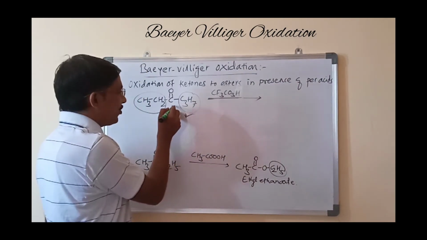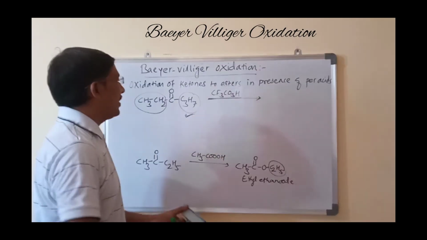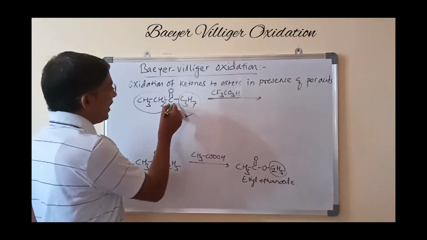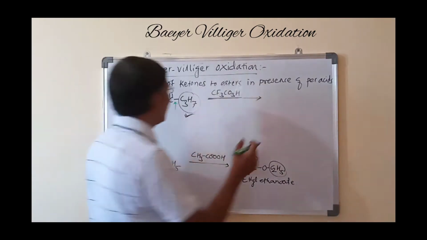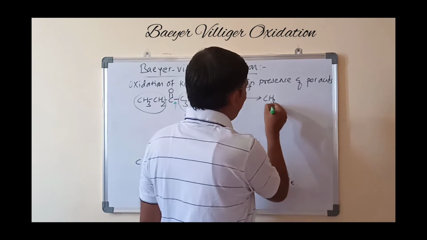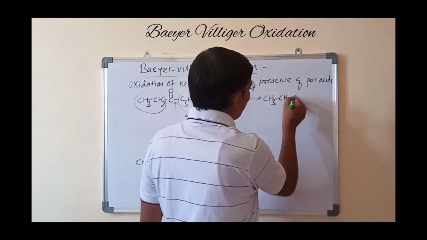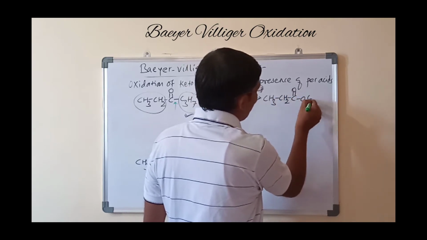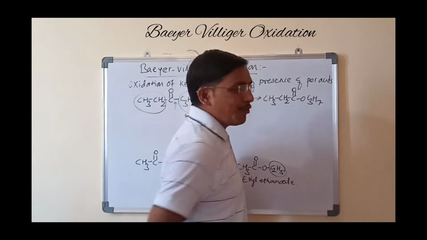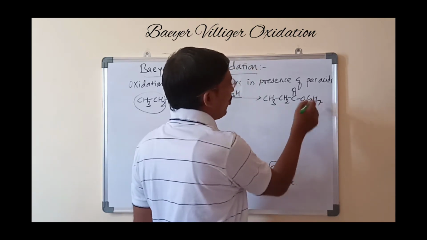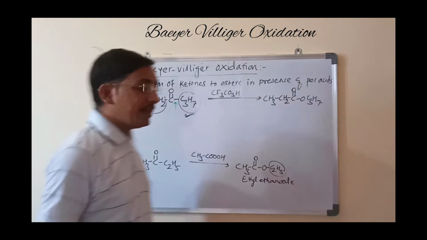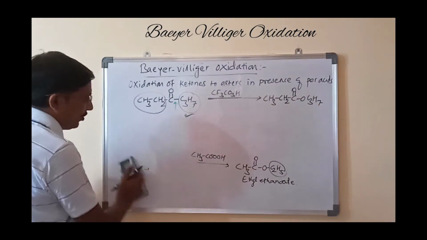That is the insertion of oxygen takes place in between the carbonyl carbon and the propyl group. And here we will get the product as CH3CH2 C double bond O OC3H7. This is propyl propanoate. This is our product.